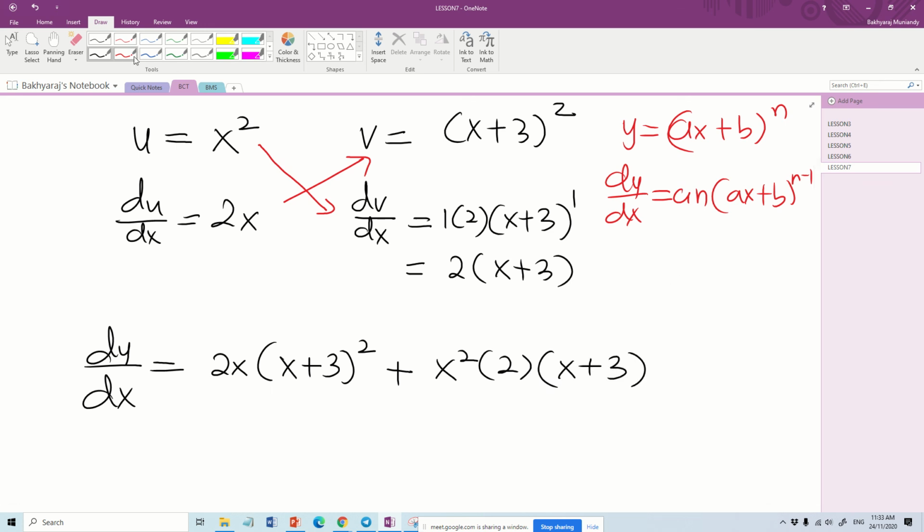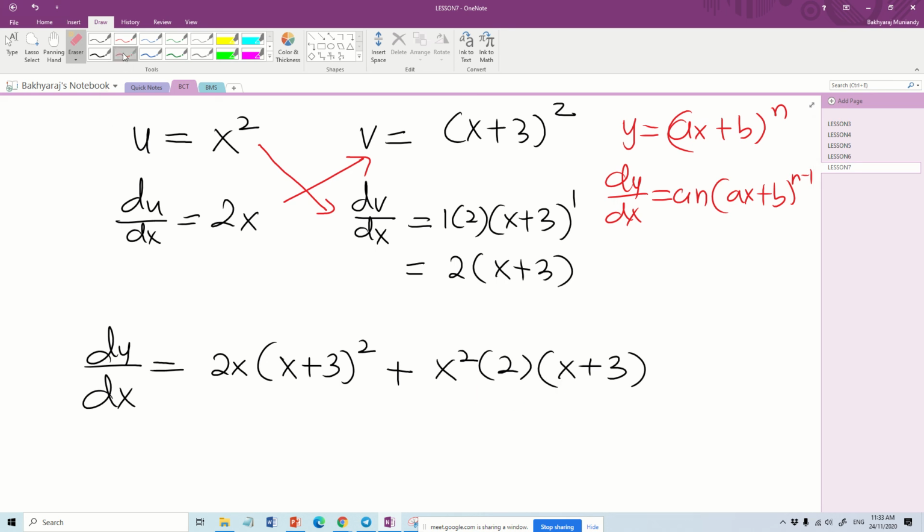Kita tengok macam mana saya letak ni. So 2x kali (x plus 3) kuasa 2, plus x kuasa 2 kali dengan 2 kali dengan (x plus 3). So all I put in bracket. I don't expand, you see.